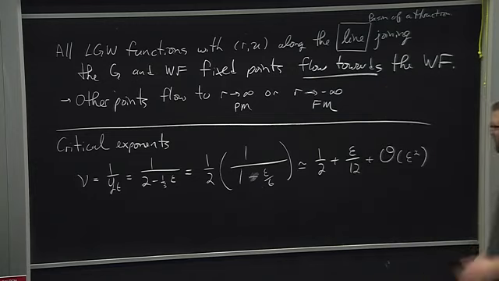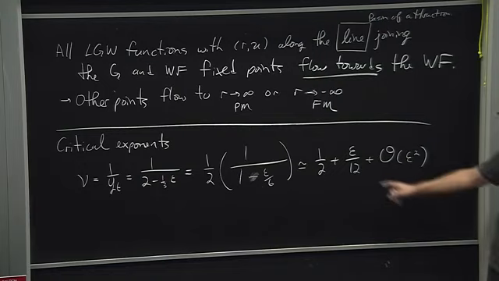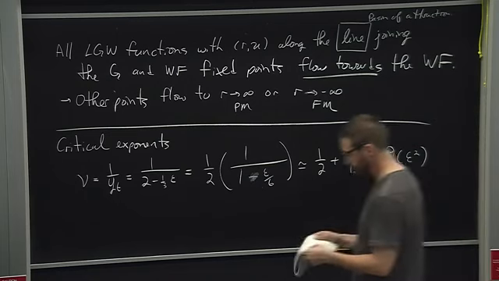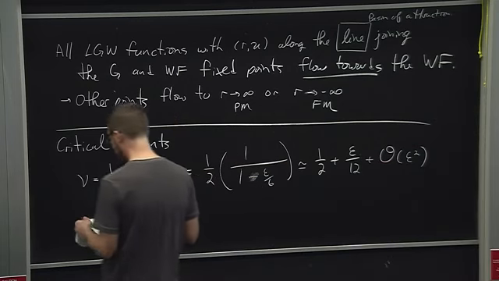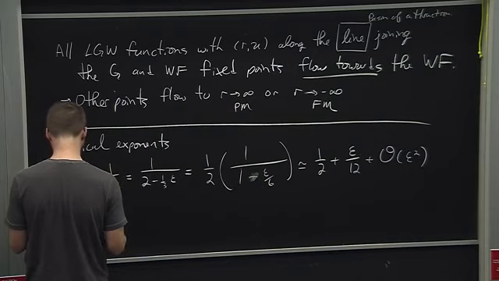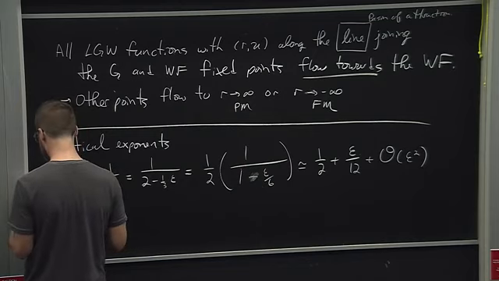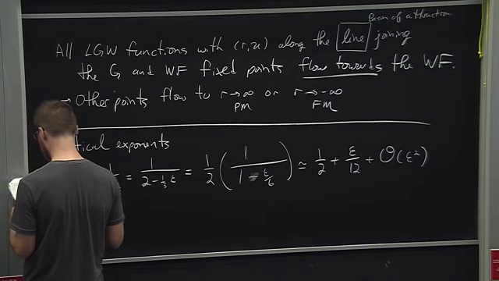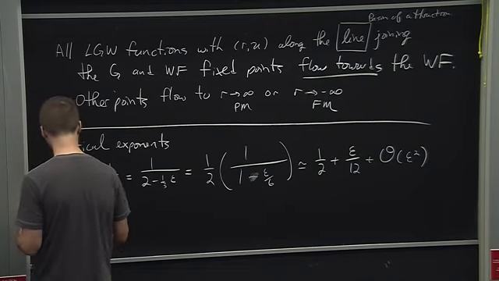So that's the correction to the mean field nu. So when you do your computational project, you just plug in 2 there. And that's what you're comparing your numerics to. How exciting. What else? We can do alpha, because alpha only needs y. Yeah, okay.